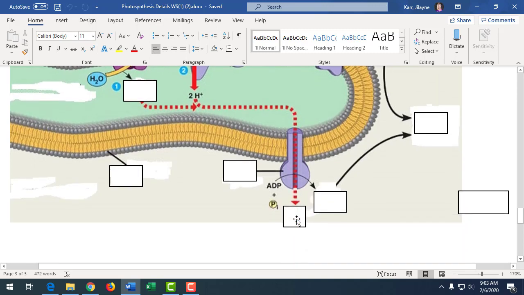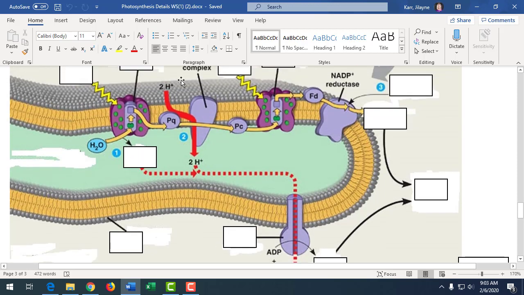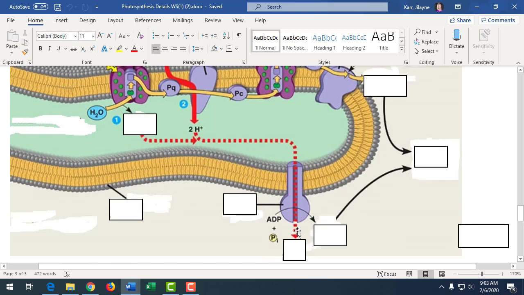Yeah, this coming down is H plus, yeah. So this is oxygen gas here when water is split, and the H plus is coming through this protein pump, creating this gradient, and that flows through the ATP synthase pump, and this is H plus down here.